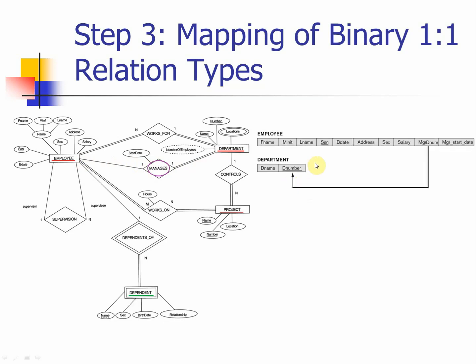The first choice is to use the employee side and take the other side's primary key, which is the D number. We take the D number, come in here, and make a foreign key that links to the department. So it is like we change this relationship into a foreign key in the employee, and link that to the department entity.